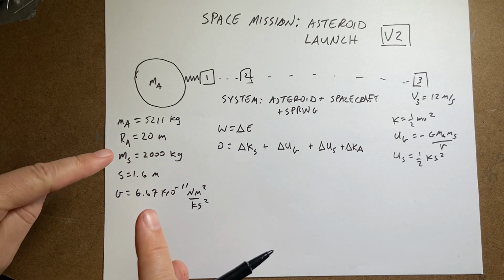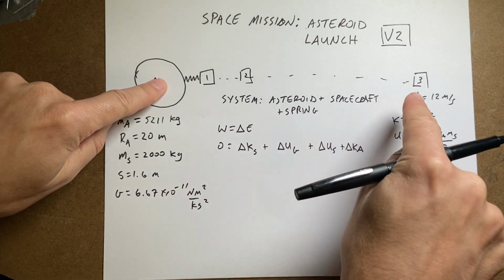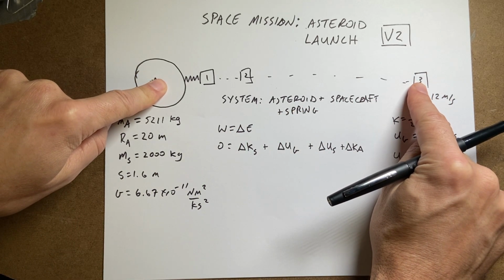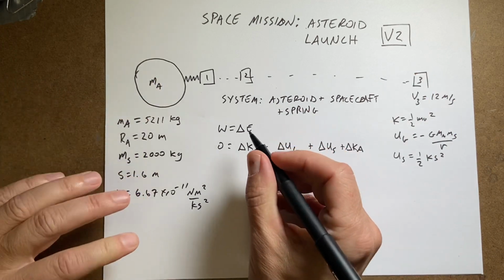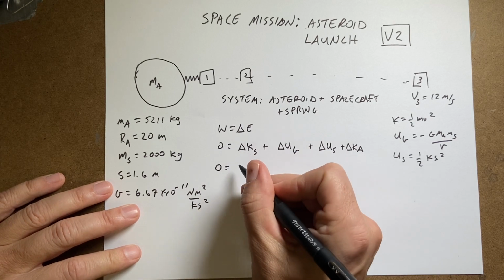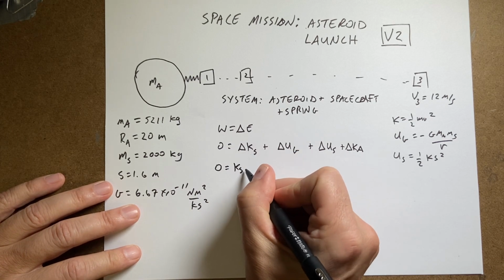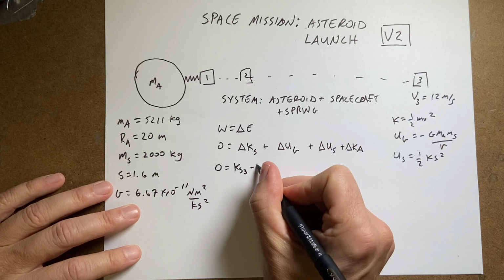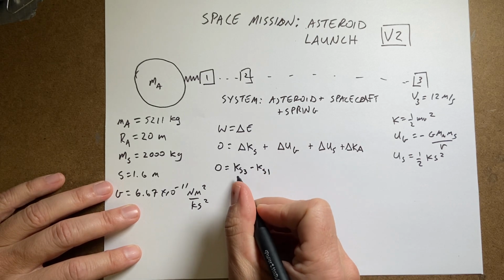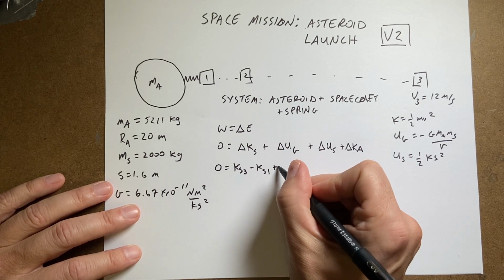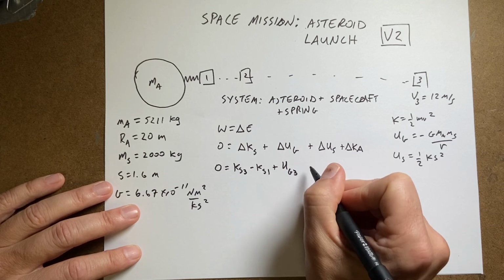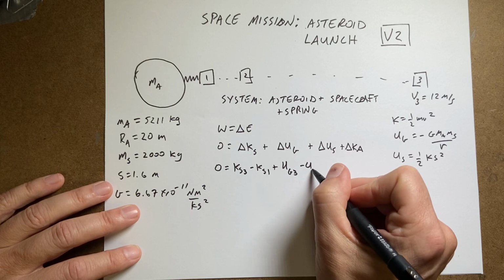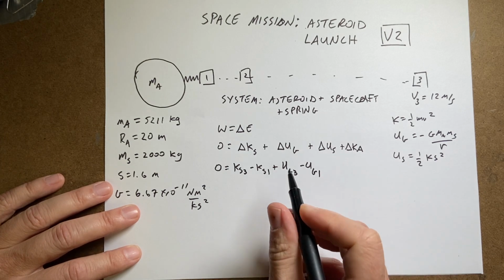So let's consider the position of this one really far away. Let's write this out because some of the stuff is 0. So 0 is K_s3 minus K_s1, the change in kinetic energy of the spacecraft, plus U_g3 minus U_g1.